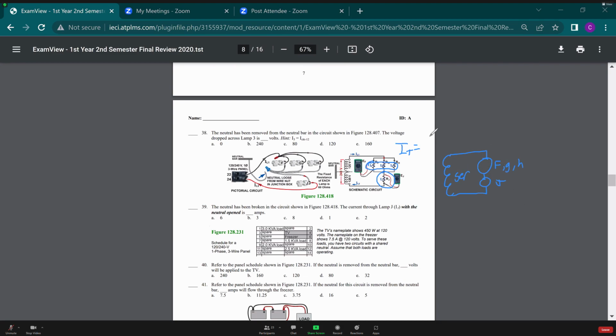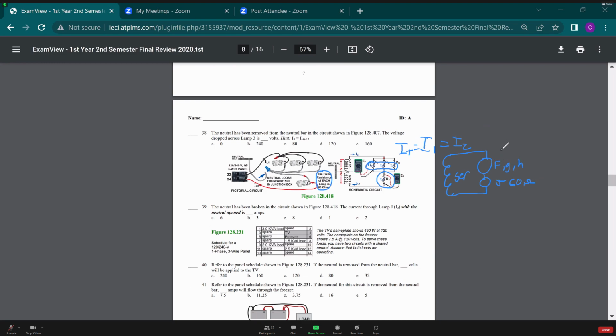And as we know, I total equals I1 equals I2 in series. So now we just have to break it down into all the resistances. Each lamp has a fixed resistance of 60 ohms, so I know that J equals 60 ohms.